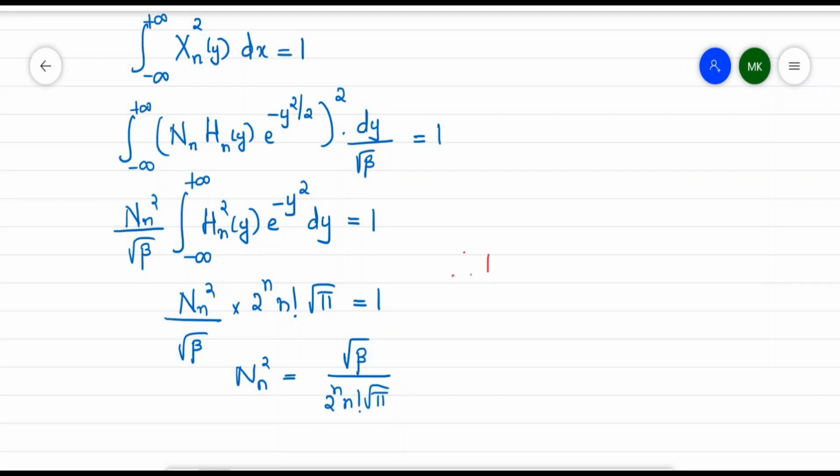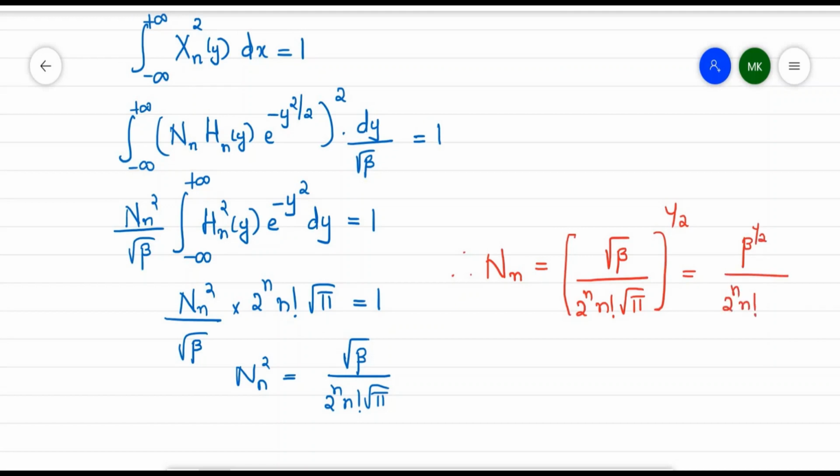Therefore, we can write the normalization constant Nn equals root beta by 2 raised to n, n factorial, root pi, the whole raised to 1 by 2. Or this can also be written as beta raised to 1 by 2 by 2 raised to n, n factorial, pi raised to 1 by 2, the whole raised to 1 by 2. So this is the value of the normalization constant.